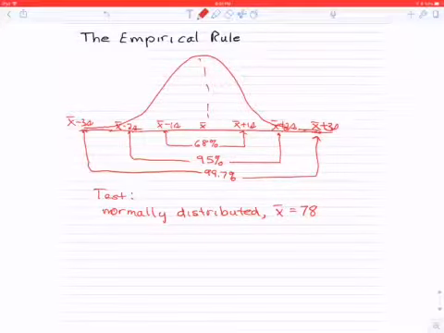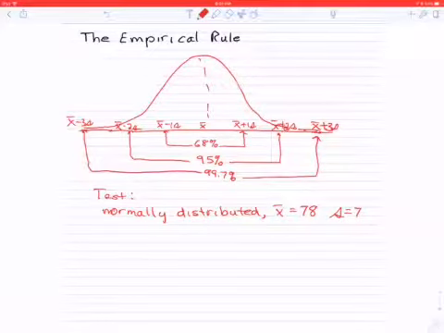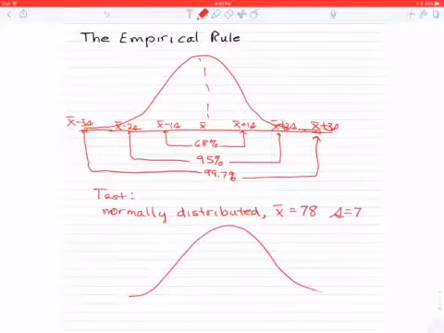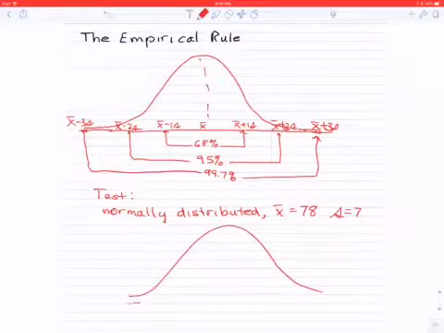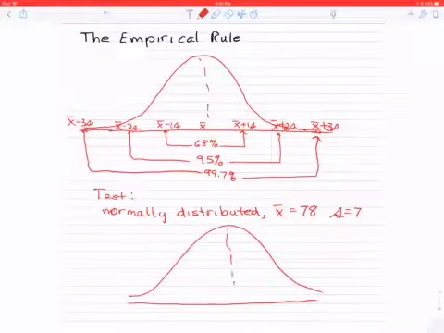And on the average, the other scores differ from that mean, differ from 78 by 7. Since it's normally distributed, I'll start with that bell-shaped curve, and I'll put our mean right in the middle.